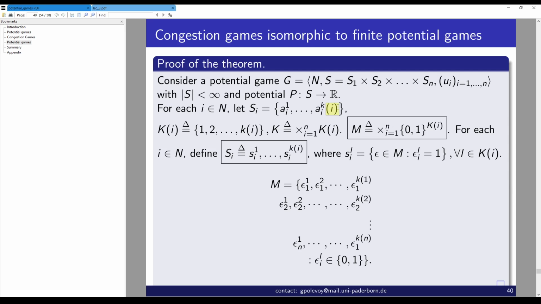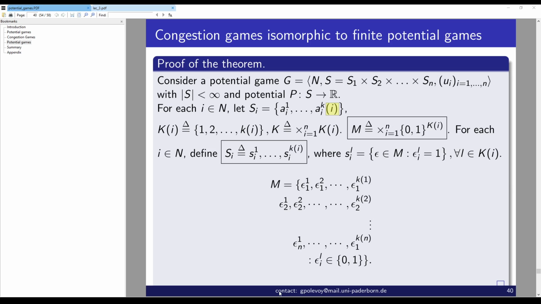Now, let us define K_i as all the numbers from 1 to k_i. The number of strategies of player i, of course, depends on i. So it's k of i, it should be in the superscript.